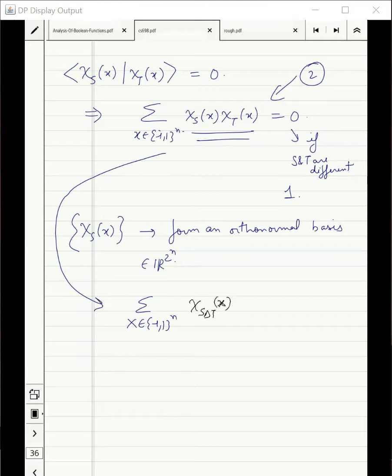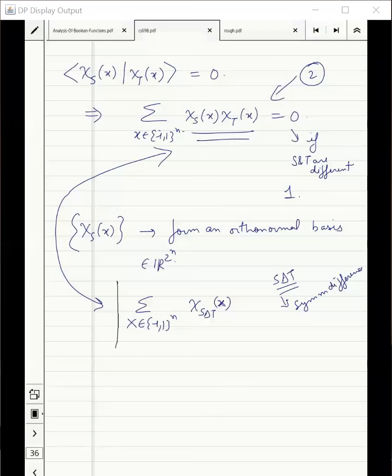This is the symmetric difference of S and T. That means things which are in exactly S or in exactly T. If it is not in S, not in T, obviously the variable will not be there. If it is in S and T, then it will cancel out. So the only variables which remain are the ones which are either in S or in T, but not in both.